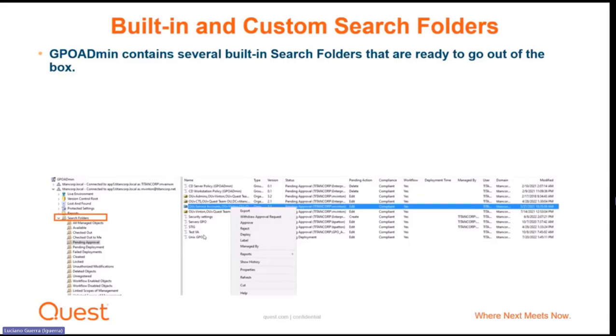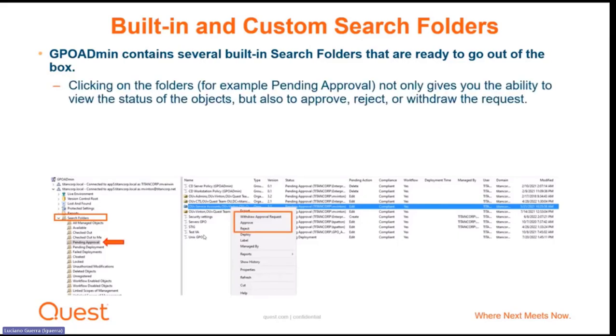GPOADmin also includes a search feature that can help administrators find GPOs and other objects by status. You can even take some actions right from the search pane. As we can see in this screenshot, maybe we want to make sure there are no GPOs pending approval.